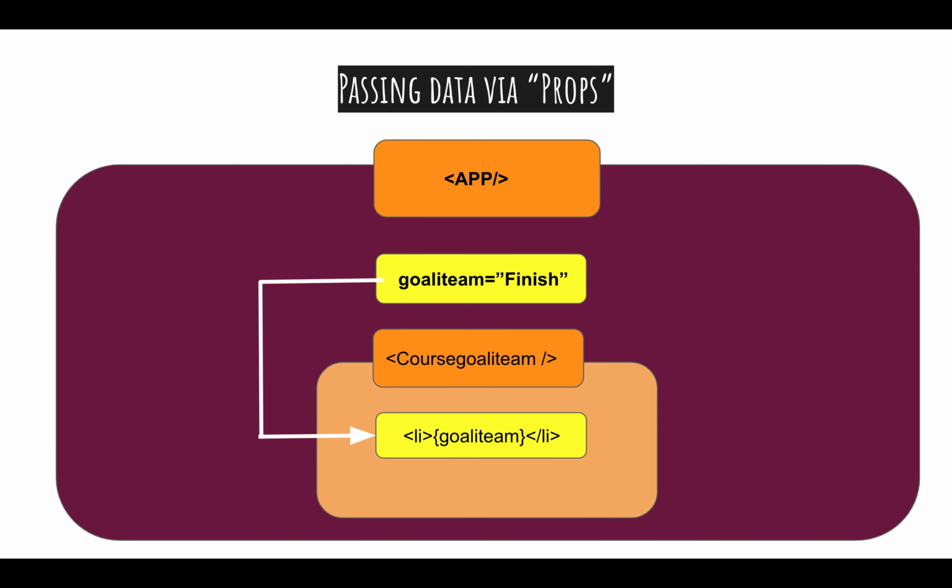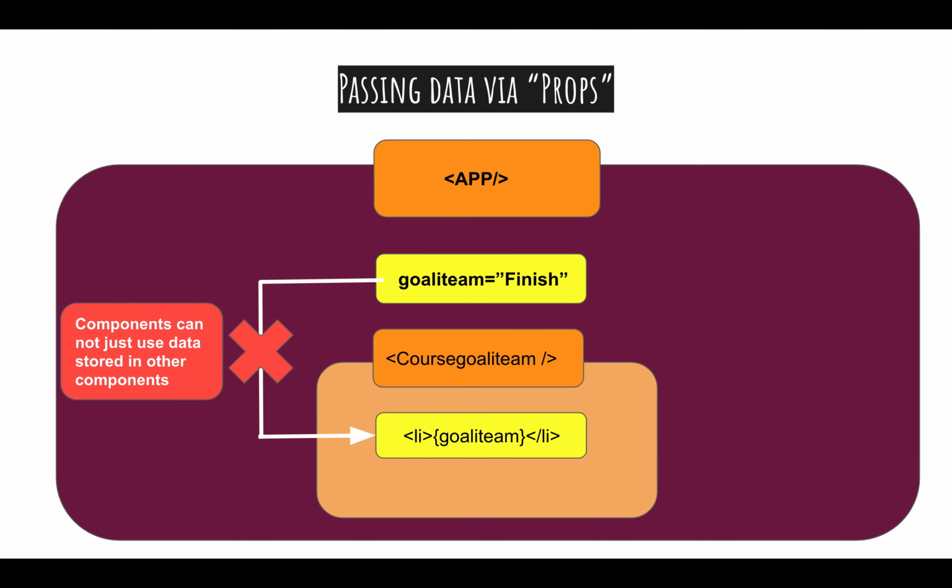So from the very beginning, we said that data is flowing in one direction. So how is data flowing from top to down? This mechanism is called props. Let's say we are passing data in a normal list item, where we store the goal item, but in React we cannot pass data like this.